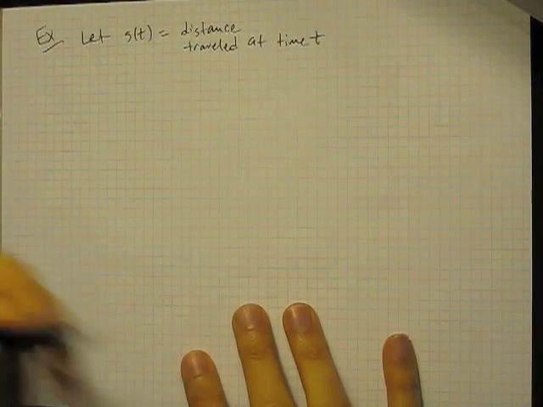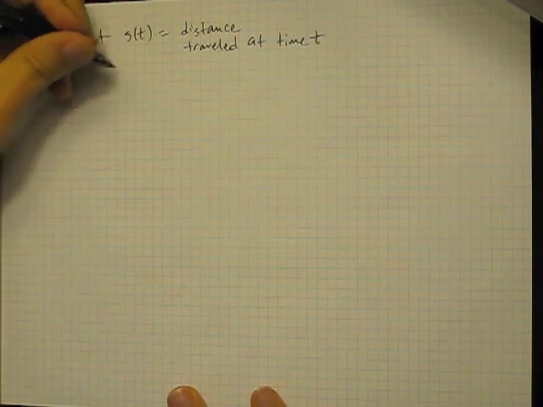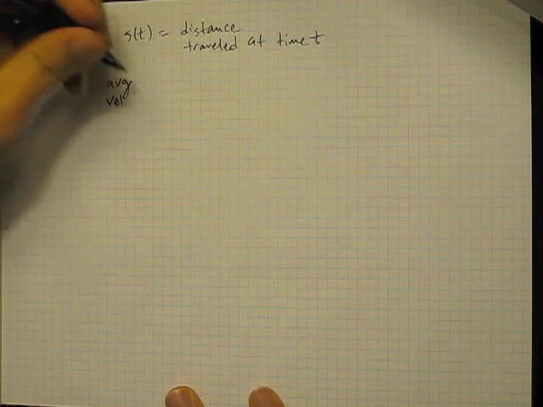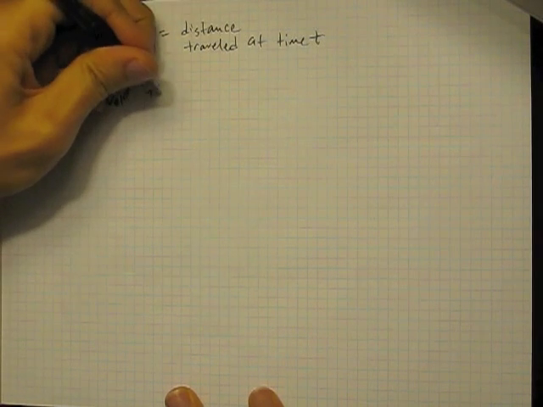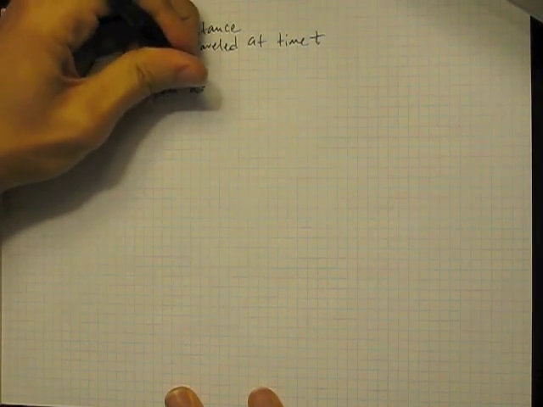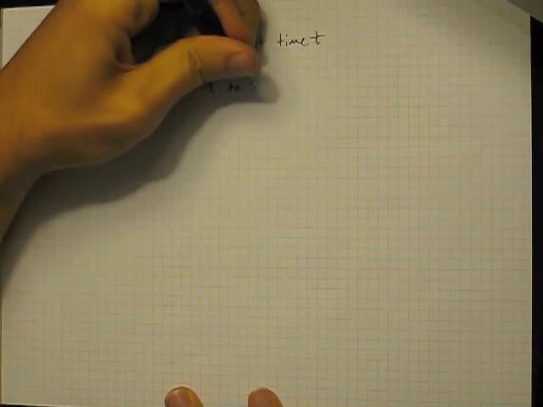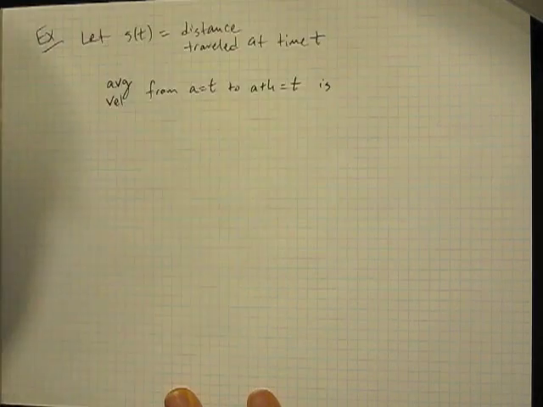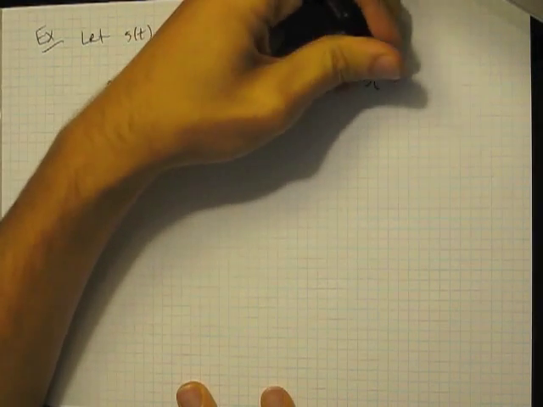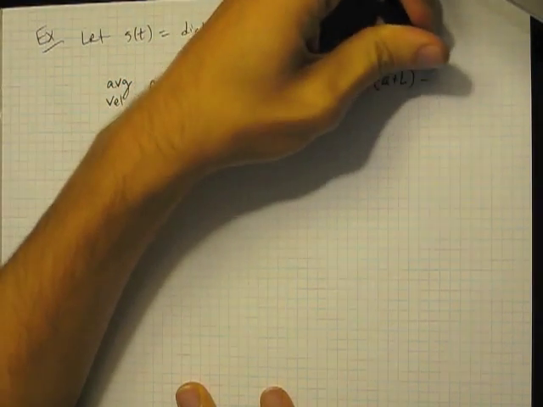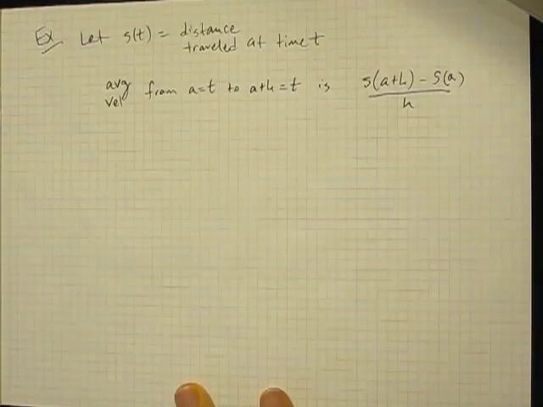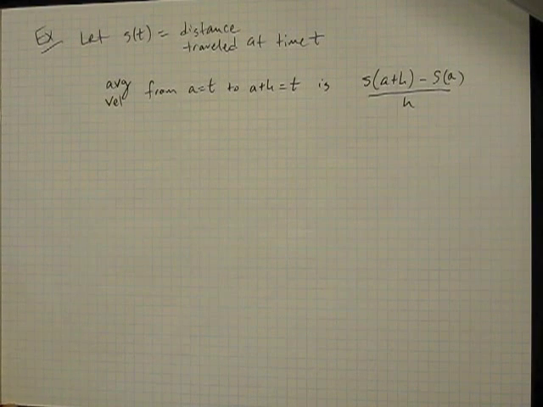Then the average velocity from time a to time a plus h is this ratio here. So that's a to a plus h.